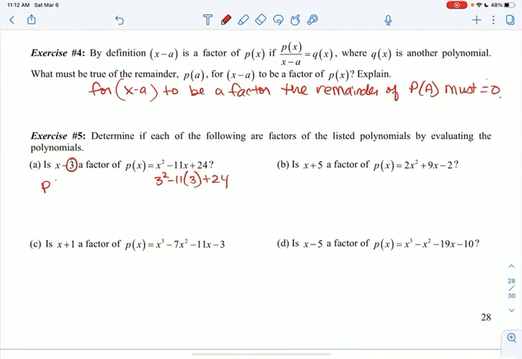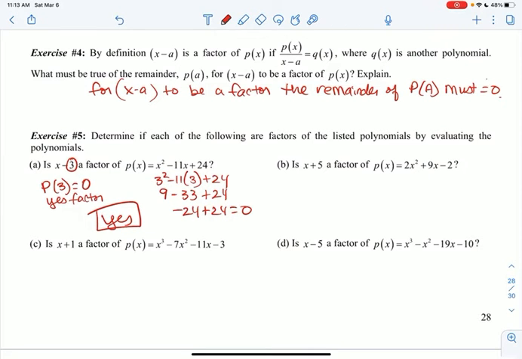If I evaluate p of 3 and I get 0, it's a factor. So that's what I'm testing out. 3 squared is 9 minus 33 plus 24. Well, that's negative 24 plus 24 equals 0. So yes, it is a factor.